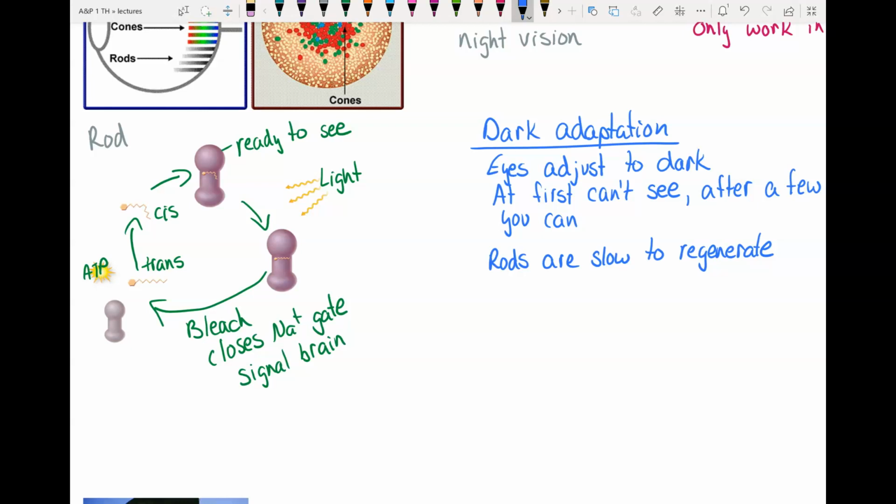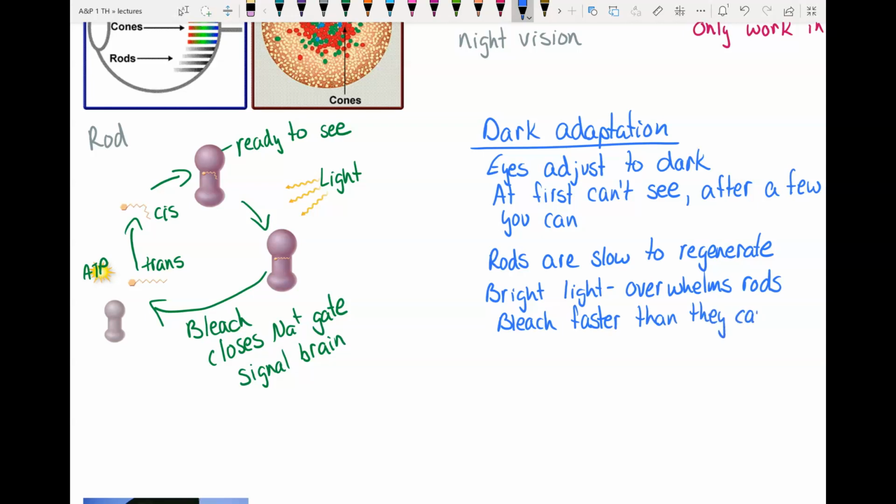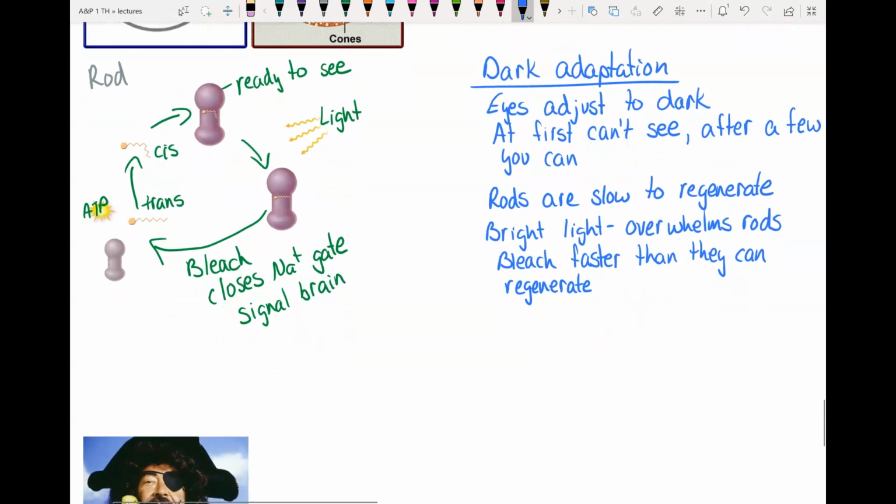Rods are like a slow strobe light. So when you are in bright light, that bright sunny afternoon, this overwhelms the rods. They are bleached out faster than they can regenerate. So your rods are basically useless in bright light. They can't keep up.